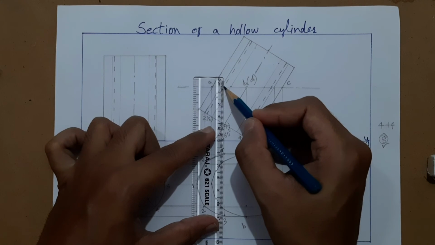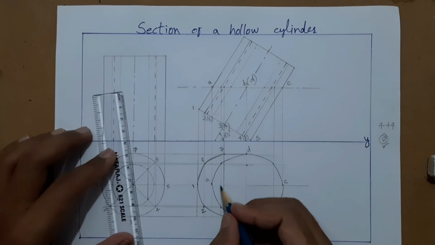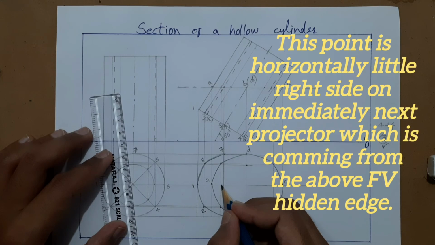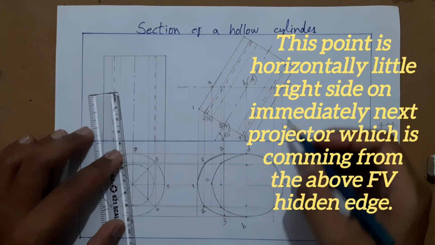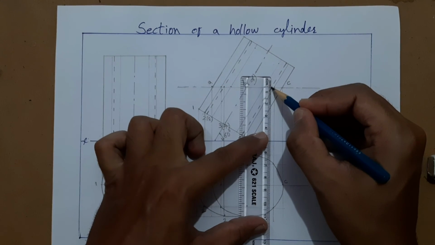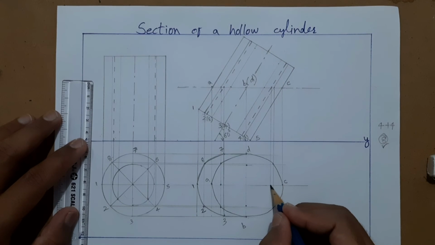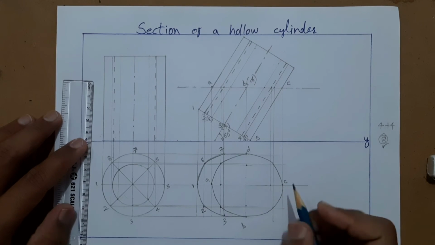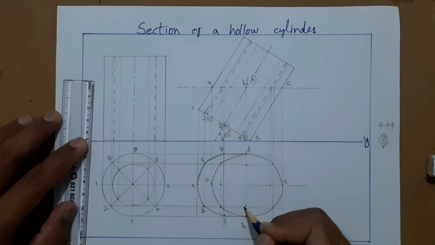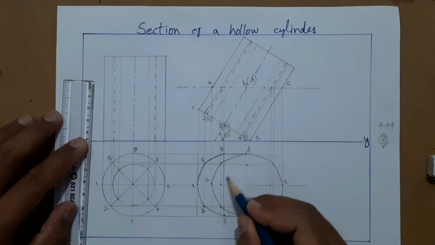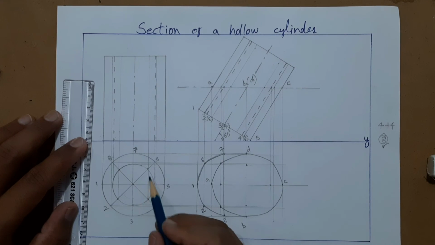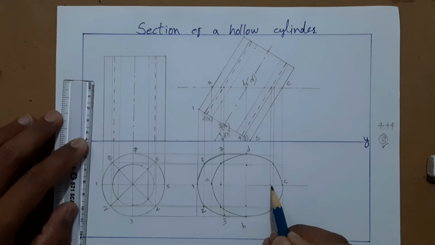That comes somewhere here. And this hidden edge, that comes somewhere here. Got it? These two already just now you have taken. How many parts did you get? 1 2 3 4. Now for joining these to get a smoother curve, again utilize the 8 equal parts with the 4 points we have got.